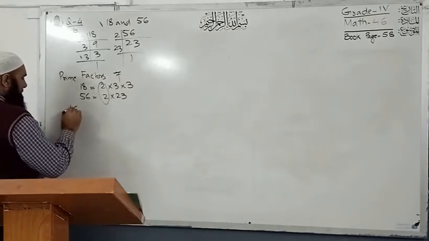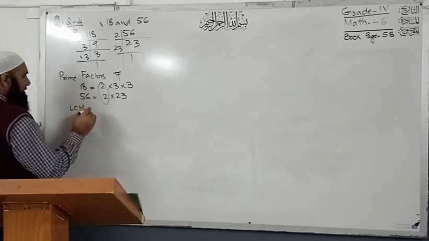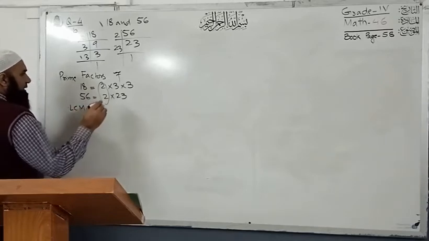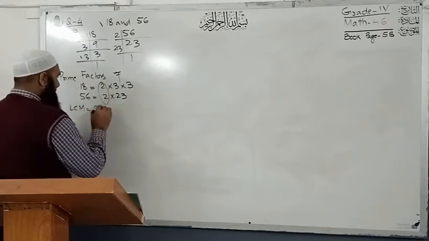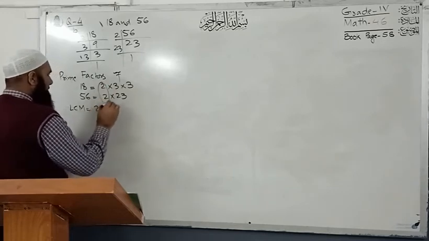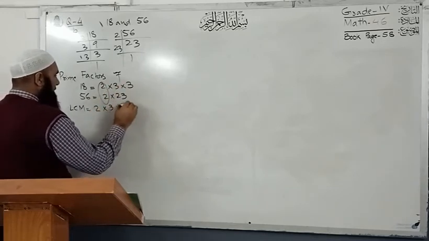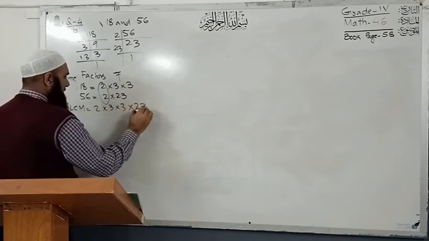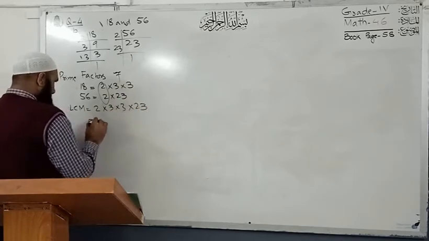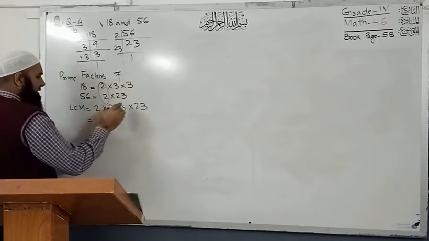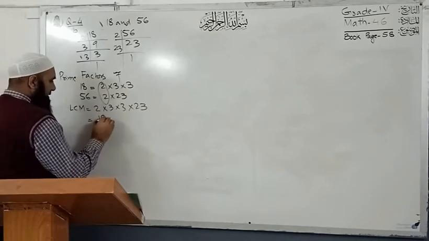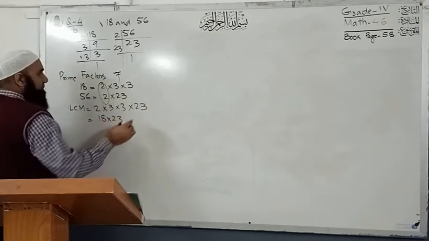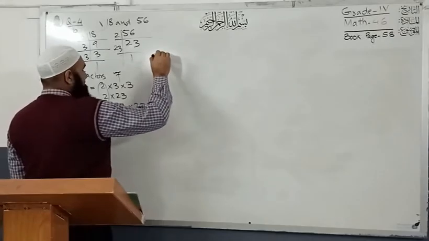For LCM, we write one digit from the common and multiply all the others: 2 multiply 3, 2 from this, and 3 multiply 3 multiply 23. We will get 2 multiply 3 is 6, 6 multiply 3 is 18, multiply 23. Multiply on the right side.